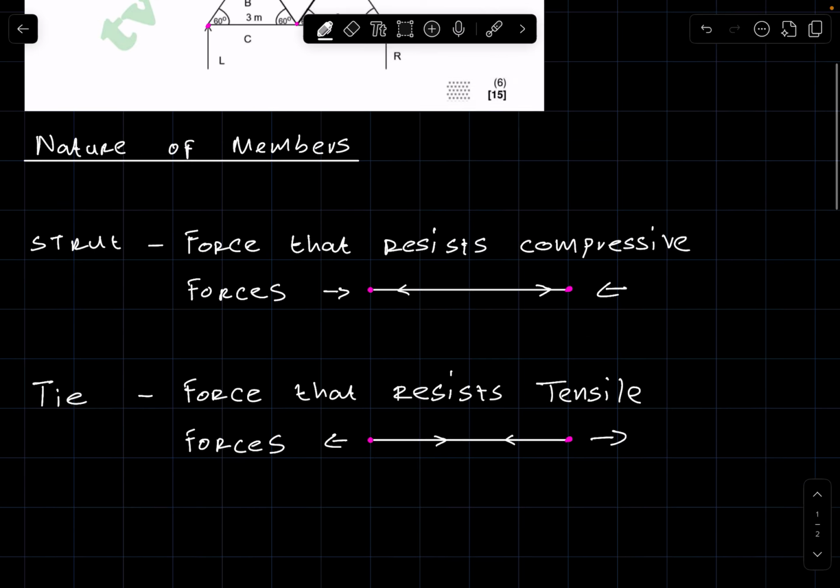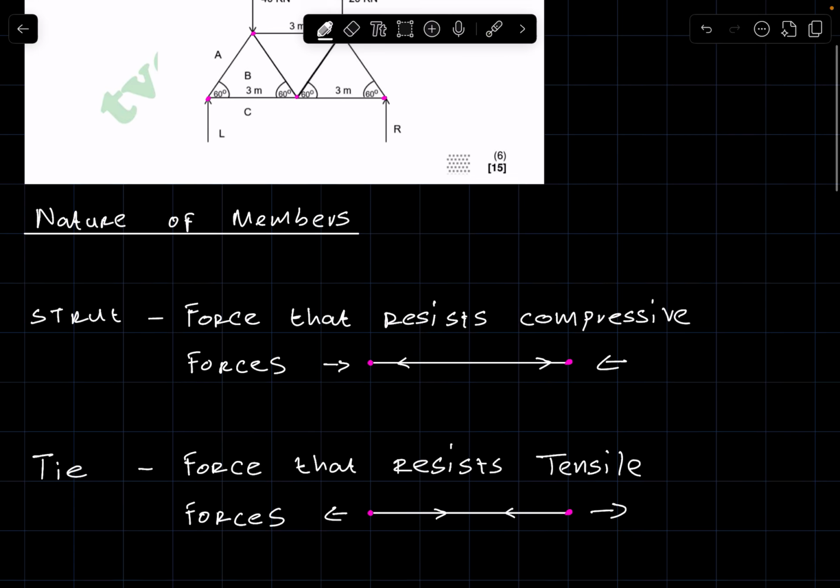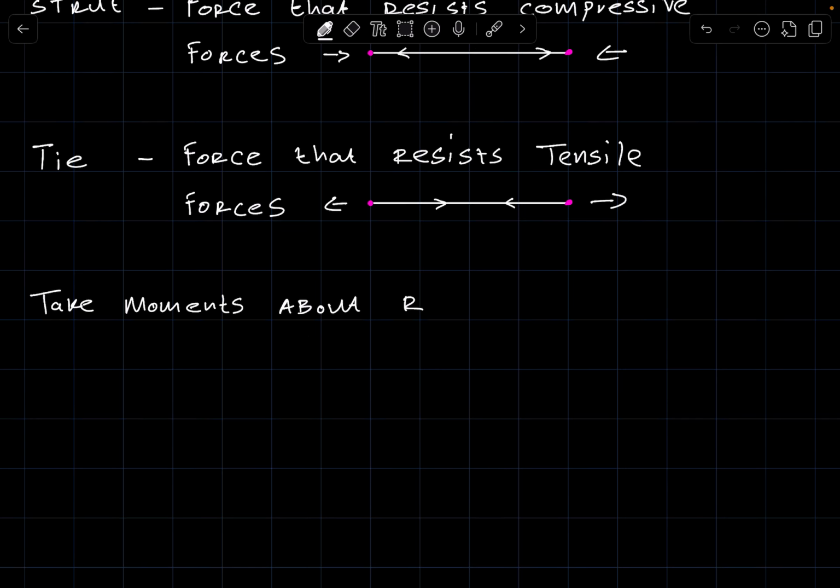So because we are looking for L, we are going to take moments about R. So taking moments about R, sum of clockwise moments is equal to the sum of anti-clockwise moments.